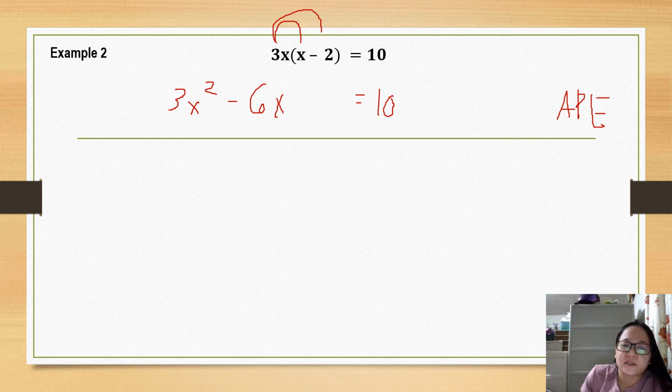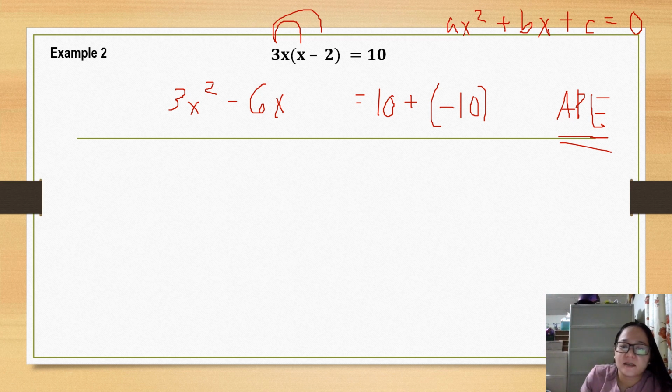In order to express this in the form ax squared plus bx plus c is equal to 0, the right side of the equation must be equal to 0. In order to make the right side of the equation 0, what do we do? We add negative 10 on the right side of the equation. So we are applying the addition property of equality.